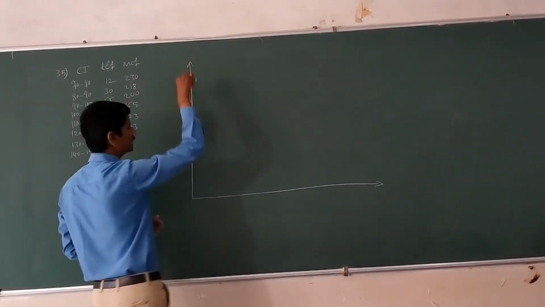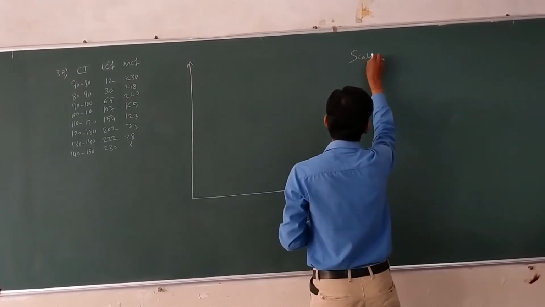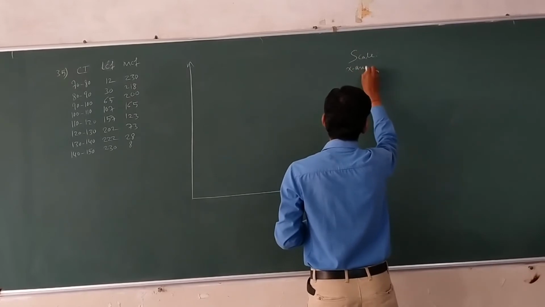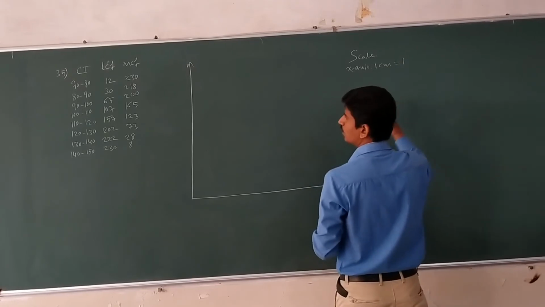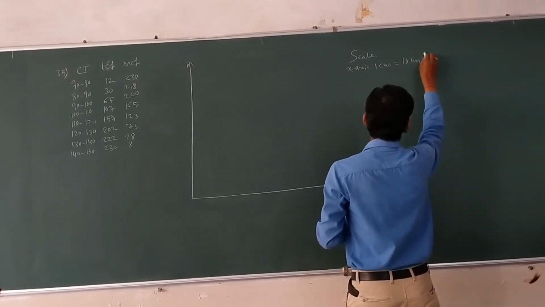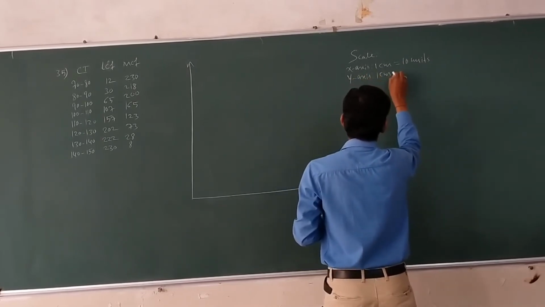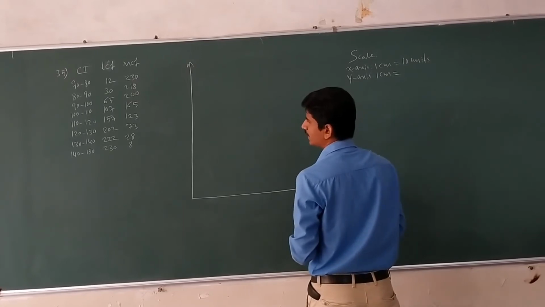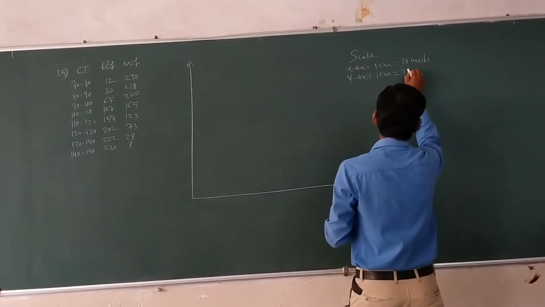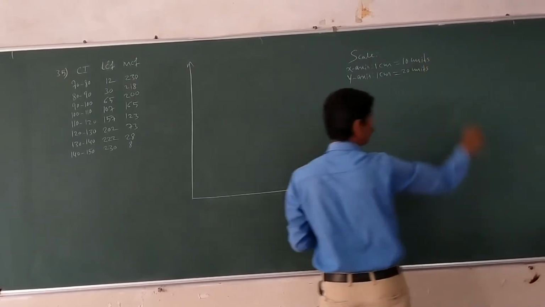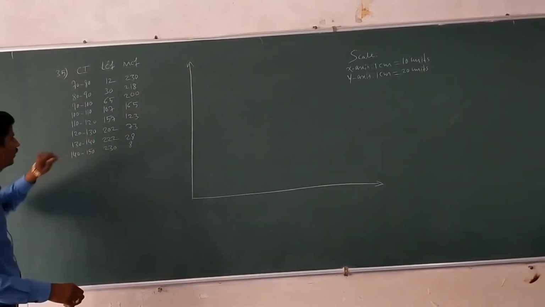Here first we have to mention the scale. X-axis: 1 centimeter equal to 10 units, and y-axis: 1 centimeter equal to. Okay, here the lowest is 12 and the highest is 230, means you have to take 20 units. Here y-axis 1 centimeter equal to 20 units. Here the class interval starts from 70 and ends with 150.